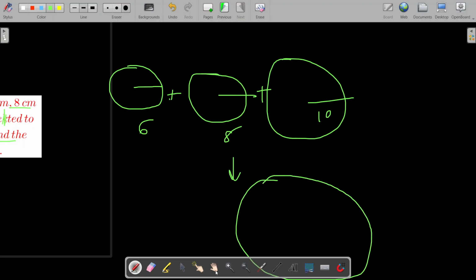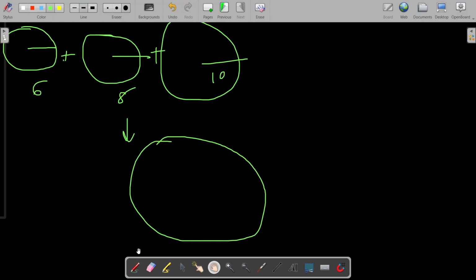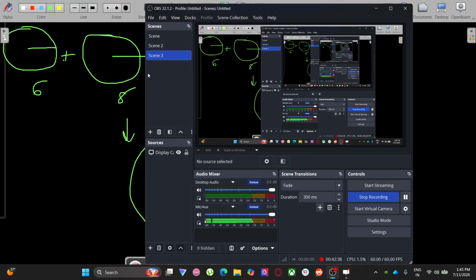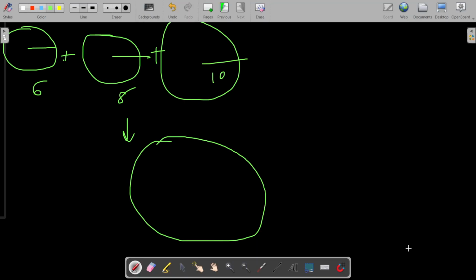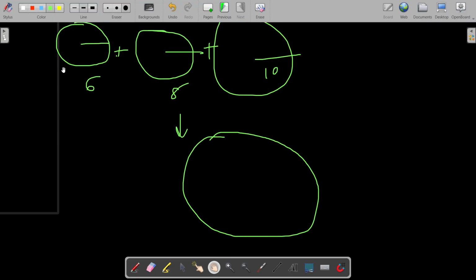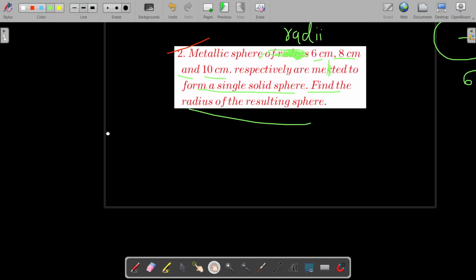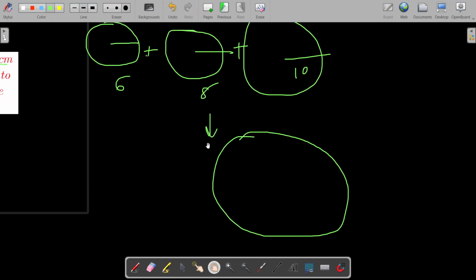As we can see, we are not dealing with surface areas. We melted these three metallic spheres and created a massive sphere.